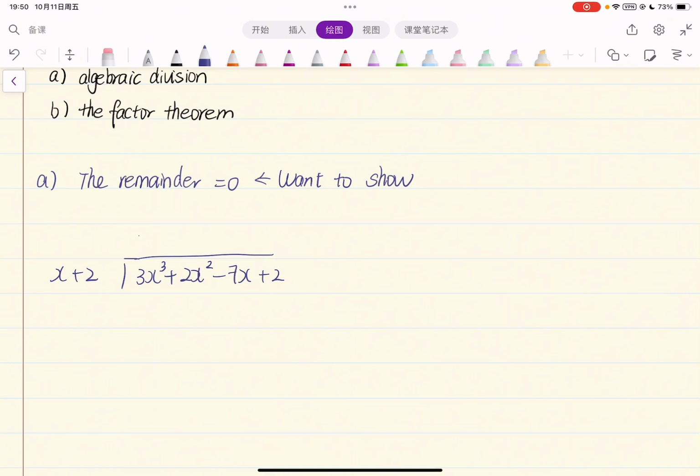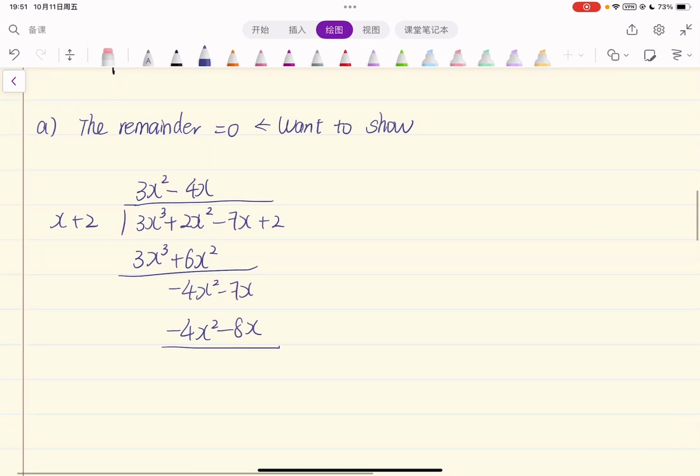That is 3x squared, we have 3x cubed plus 6x squared, and we are left with minus 4x squared minus 7x, and then minus 4x. We get minus 4x squared minus 8x, and subtracting, we have x plus 2, and x plus 2 divided by x plus 2 is plus 1.